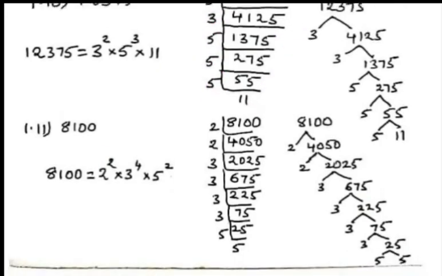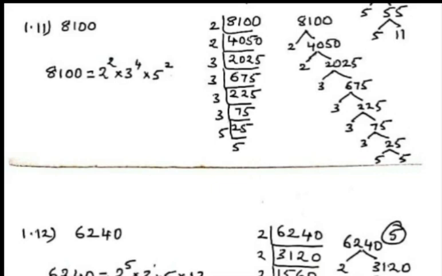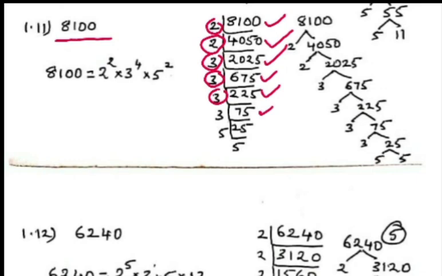Now we consider another problem. 8,100. 8,100 divided by 2, we get 4,050. 4,050 is divided by 2, we get 2,025. 2,025 is divided by 3, we get 675. 675 is divided by 3, we get 225. 225 is divided by 3, we get 75. 75 is divided by 3, we get 25. 25 is divided by 5, we get 5.